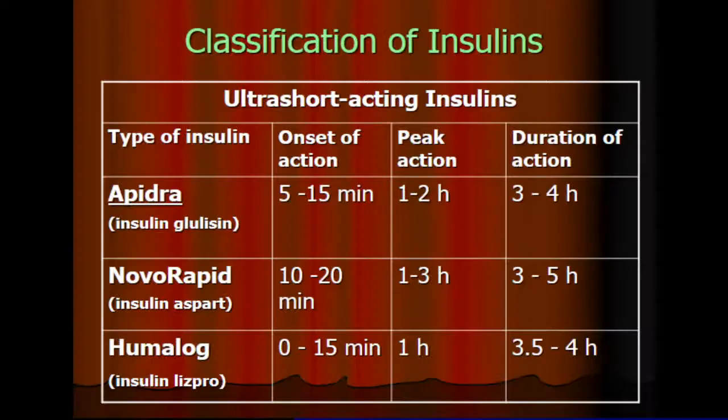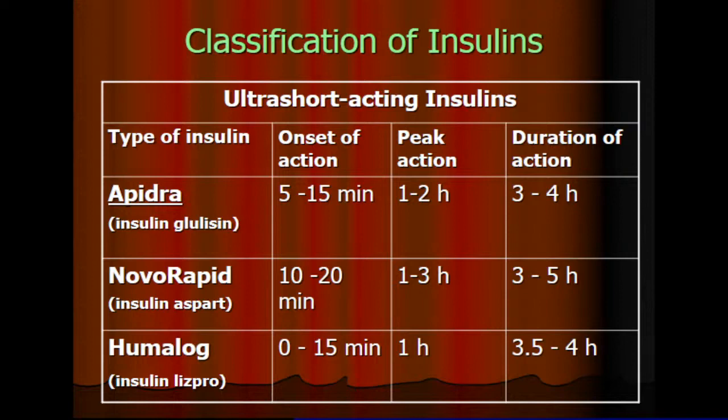Now, classification of insulins. First group, ultra-short-acting insulins. The names: Apidra, international name insulin glulisine, Novarapid, international name Aspart, and Humalog, international name Lispro.